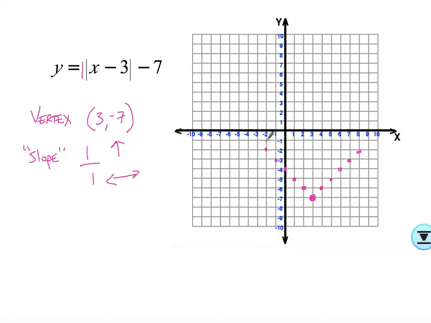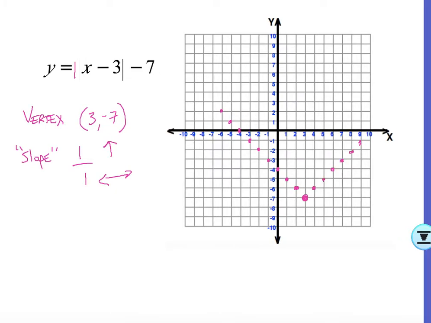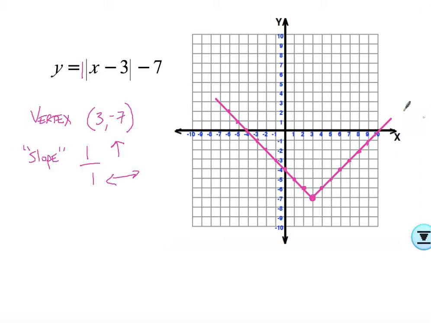This could go on and on, above the x-axis. Then I'm going to make my lines, connecting my dots, a nice perfect V shape. Put your arrows on the ends because these go on forever. Again, I know it should open up because that number out in front is positive.